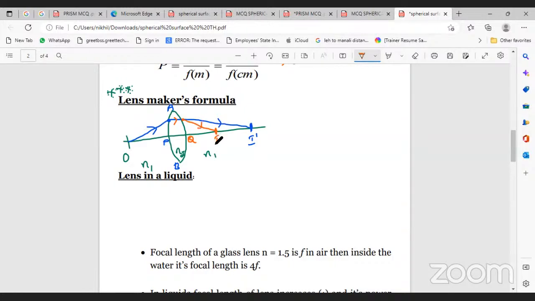The image. Let F be the focal length of the lens. R1 is the radius of curvature of the first surface. R2 is the radius of curvature of the second surface.